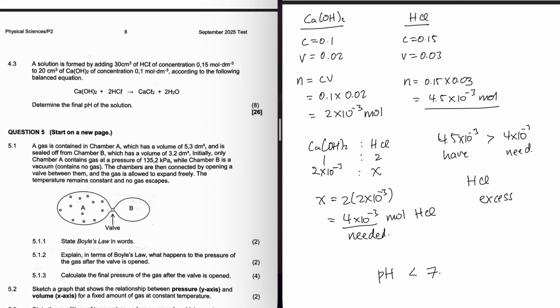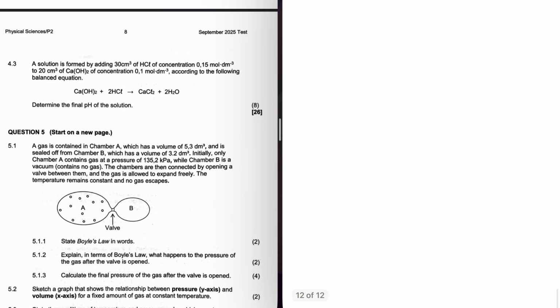Now let's go ahead and calculate it. So what we need to do now is work out how much is in excess. So the HCl that's in excess is going to equal how much we have. We have 4.5 times 10 to the minus 3, and we needed 4 times 10 to the minus 3.